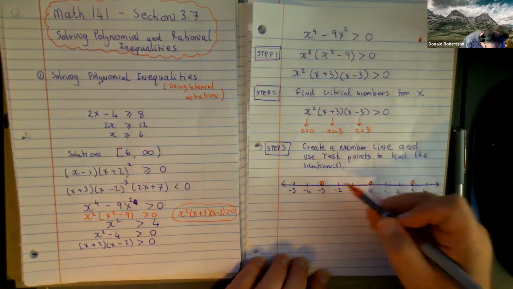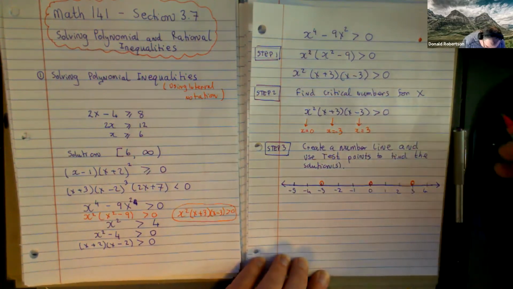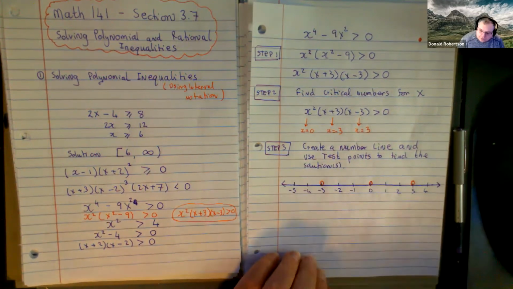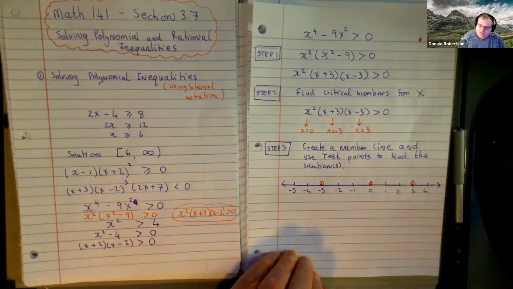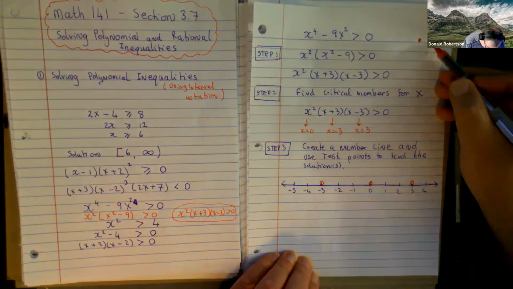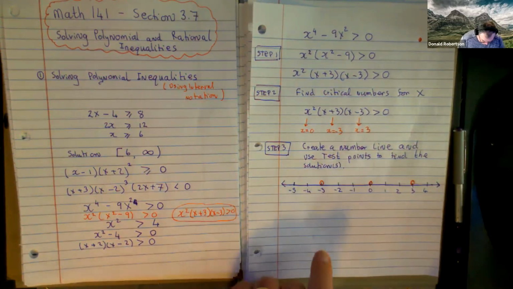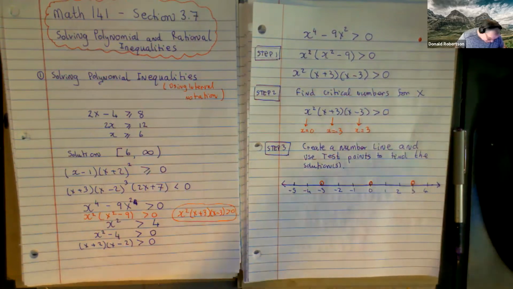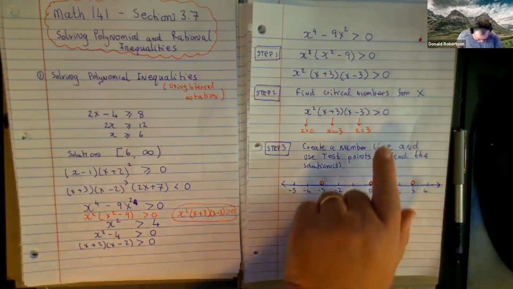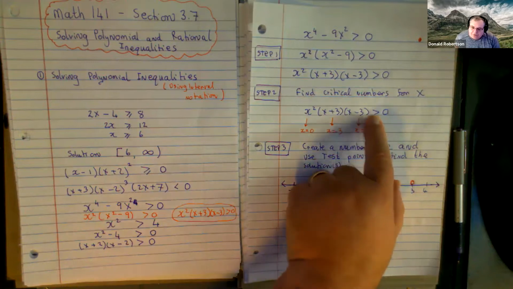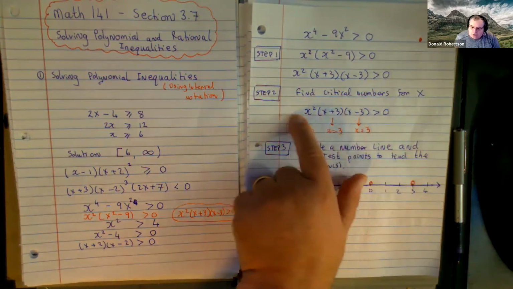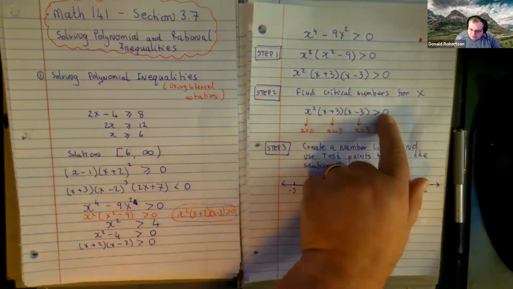If I put a solid dot on these three values of x, that would mean I could use that value of x in my solution. If I use an open circle, it means these are critical numbers, but I cannot use that value. So you might say, well, how do you know if you can or can't? It's pretty simple. Do you see this? This inequality says that all of this has to be greater than 0.